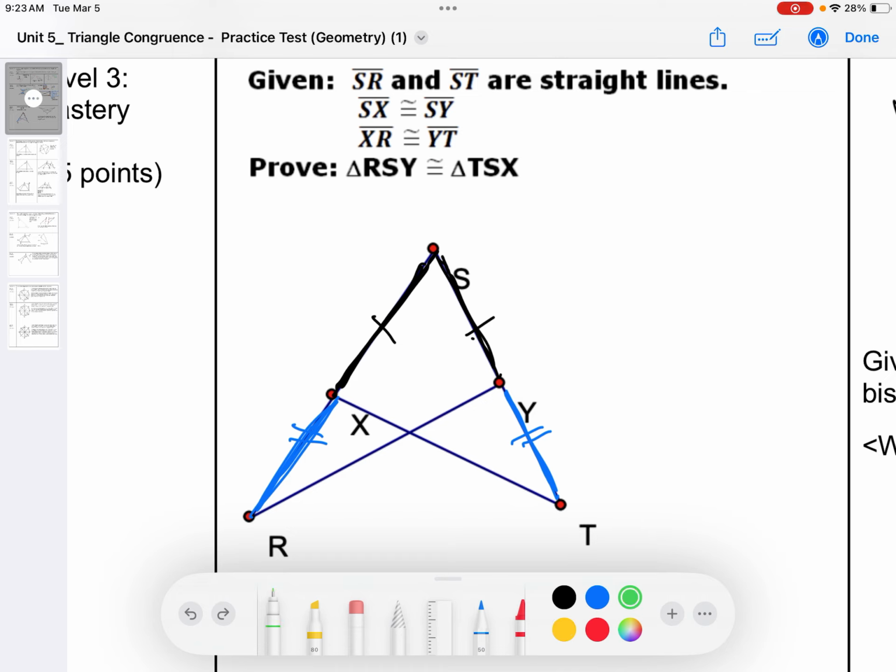If you're not sure where the triangle is, just start at the first vertex, second vertex, third vertex. That is the triangle in green. And then in red, I will put the other triangle, TSX. That's S, T, and X. So those are the triangles that we are concerned with. Let's clean up this picture a little bit.